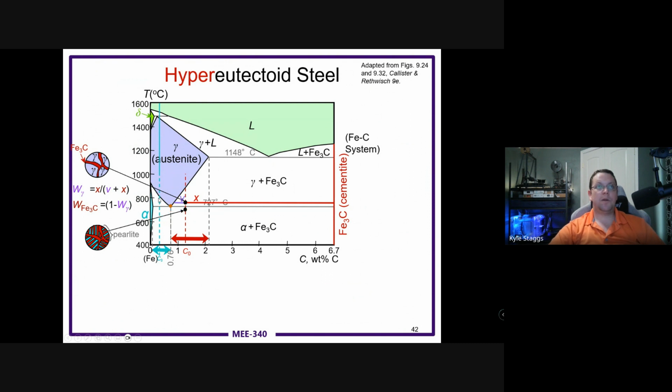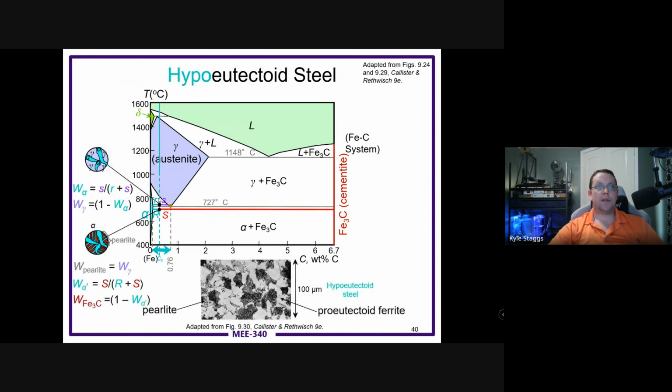So here, on the left side of the eutectoid point, if we're hypoeutectoid, below the eutectoid composition, as you're cooling on that curve, you're still going to get both carbide or cementite and austenite. So it's a mixed phase here.